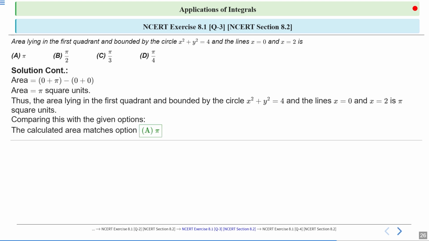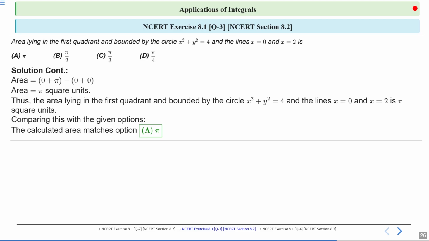Okay. So in this question, we take the vertical strip, and that is easier to calculate than if you take the horizontal strip, because here the limit is simple: if you take the vertical strip, x ranges from 0 to 2.